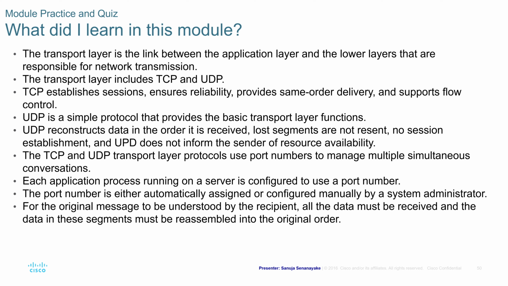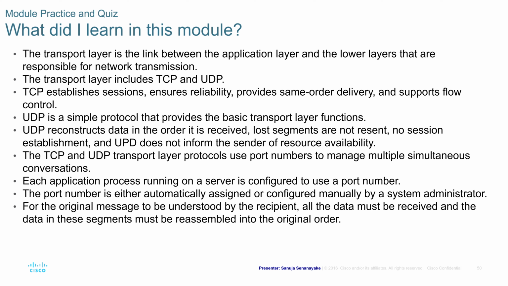TCP and UDP transport layer protocols use port numbers to manage multiple simultaneous conversations. There are certain port numbers that you should be familiar with as you go through the modules in this course, such as port number 80, for example, for HTTP. Each application process running on a server is configured to use a port number.